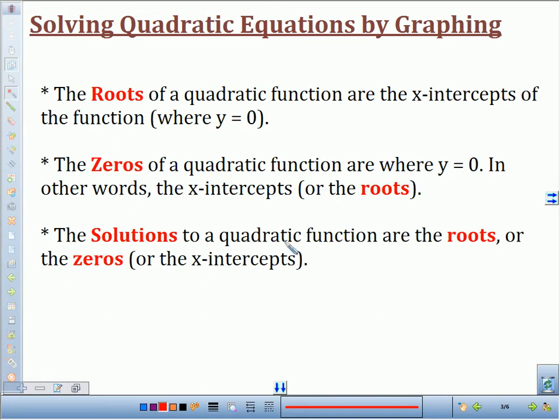We have 4 different terms, all mean exactly the same thing. So we can use them more or less interchangeably. Now, there are some times when we would prefer to use the term roots versus zeros versus solutions versus x-intercepts. But for the moment, I'm just going to be using all of them interchangeably.